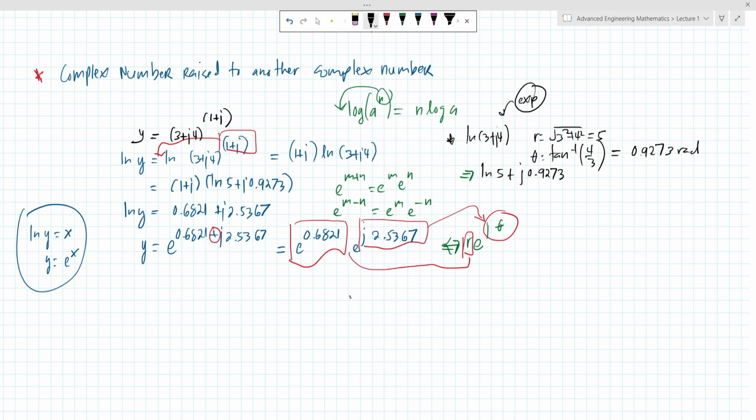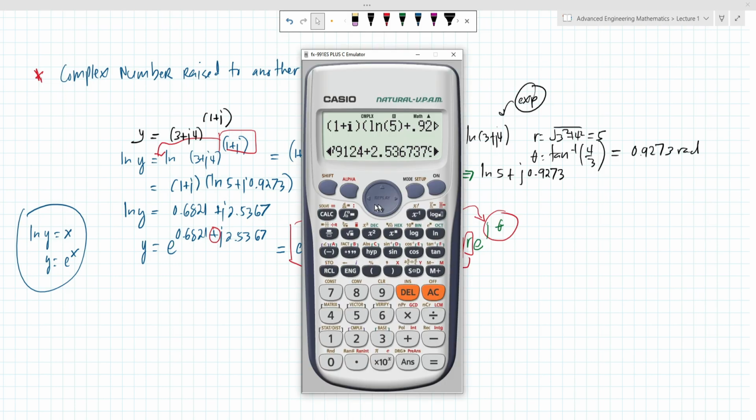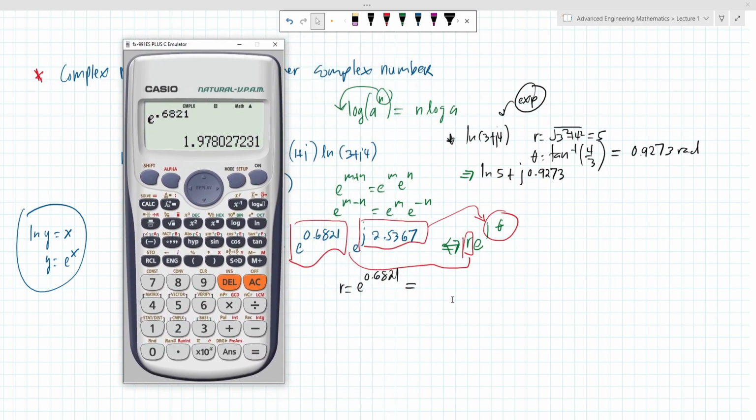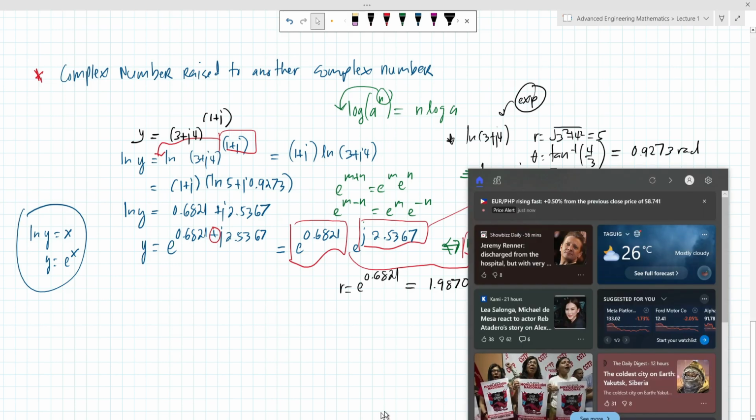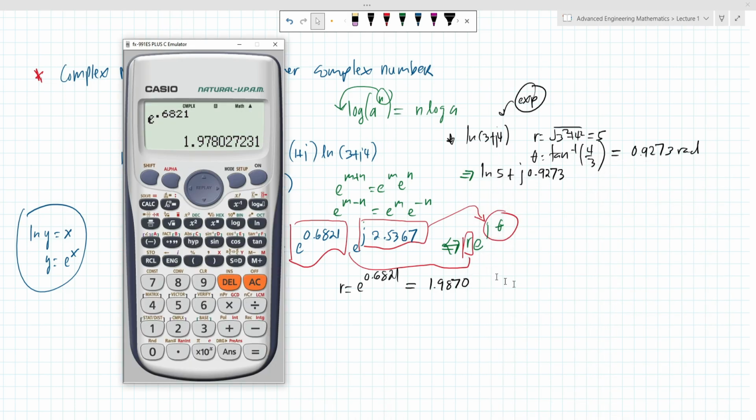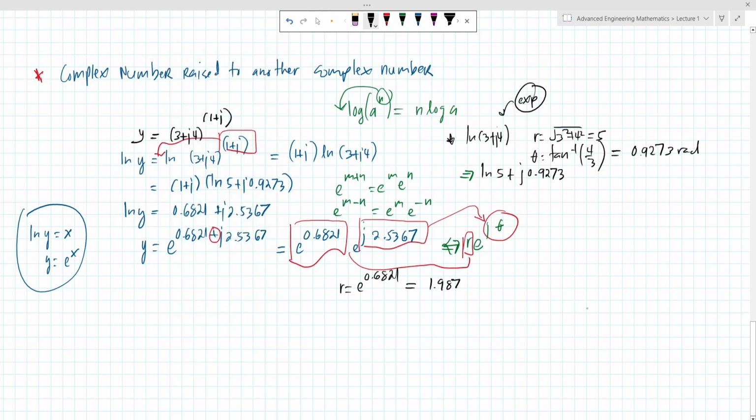So our r is e raised to 0.6821, and the value of that is 1.9780.